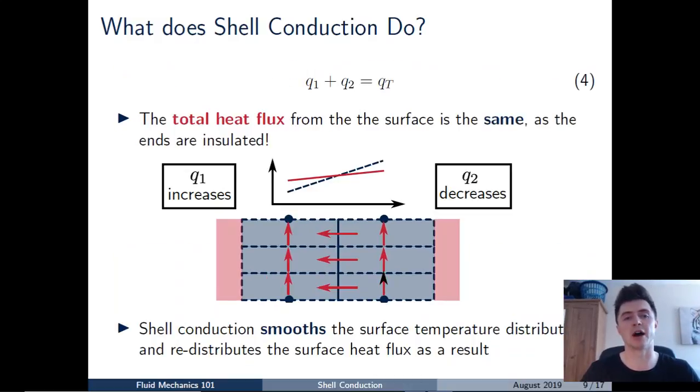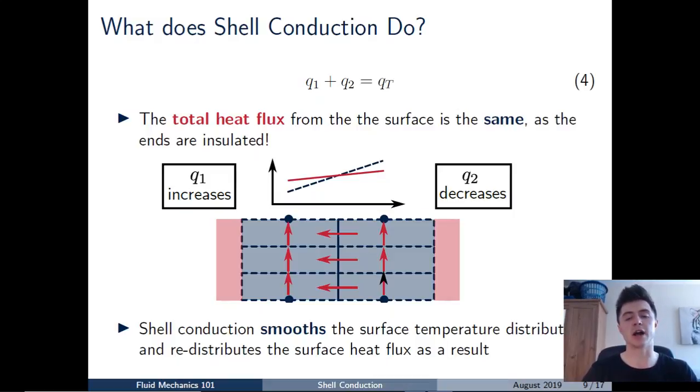So the next thing to think about is what effect does shell conduction have on the wall heat flux? So on that right cell there, we saw that the temperature was reduced because the heat is now flowing from the right cell to the left cell, and the temperature of the left cell is now increasing because we've got that additional heat flux there into the cell.